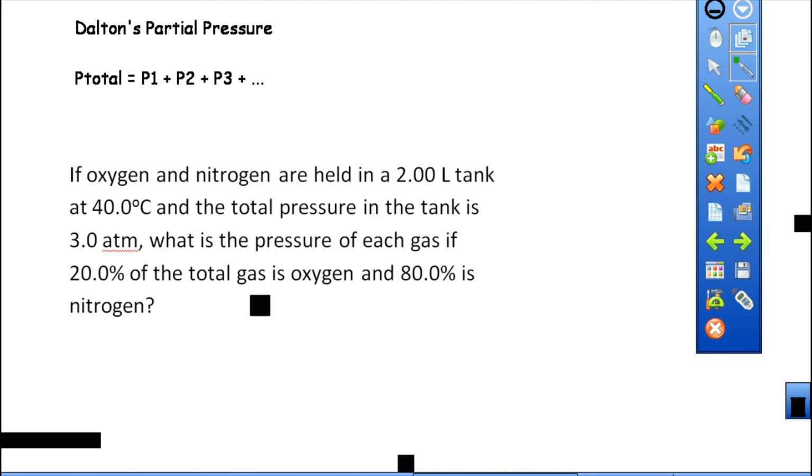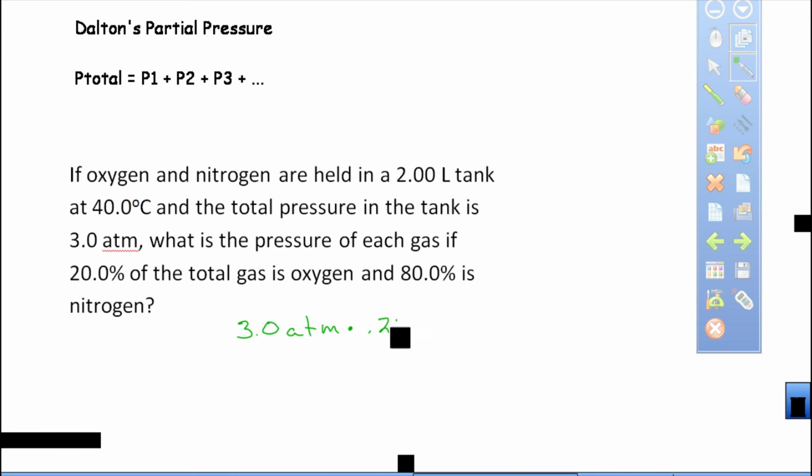To figure out how much pressure oxygen exerts, we're going to take 3 atmospheres and multiply it by 0.200, and we get 0.60 atmospheres. This 0.60 atmospheres is due to oxygen. So in that container, there's that much pressure caused by oxygen.